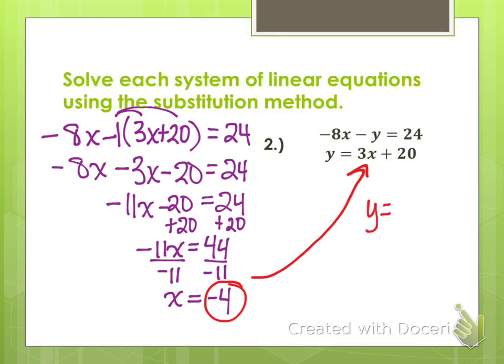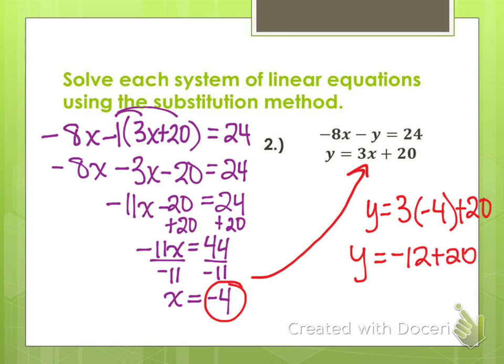That means I've got y equals 3 times negative 4 plus 20. This should be the easiest part because all we have to do is our order of operations. What's 3 times negative 4? Negative 12. Negative 12 plus 20 is 8.